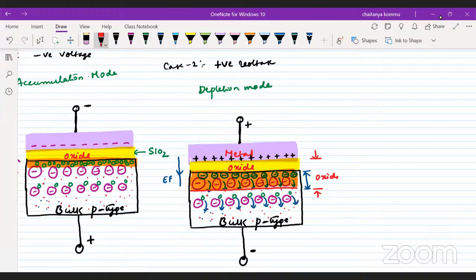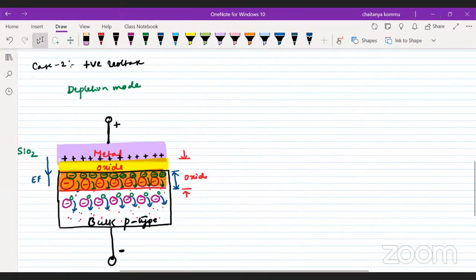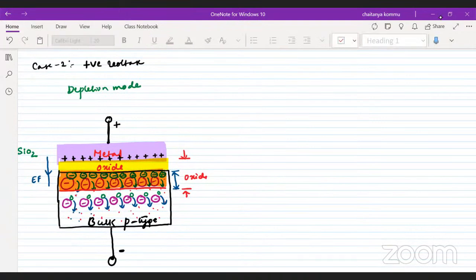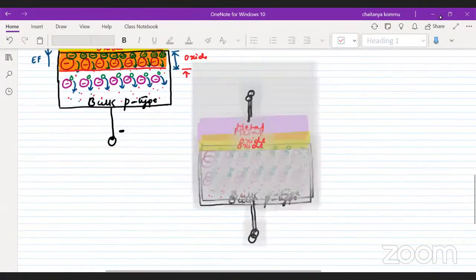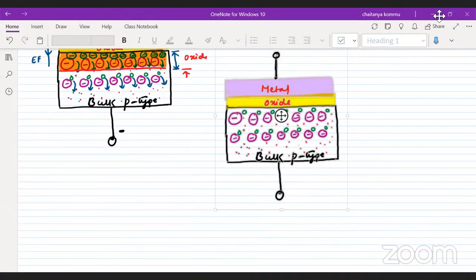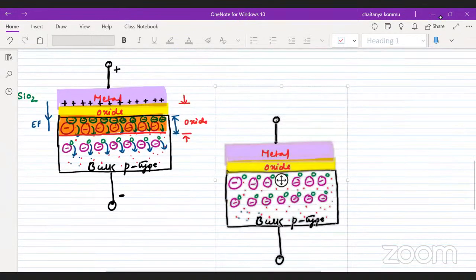Okay, so this is what happened in the second one. But our purpose is also not fulfilled yet. What I have to do is apply more positive voltage, then I will see what will happen.